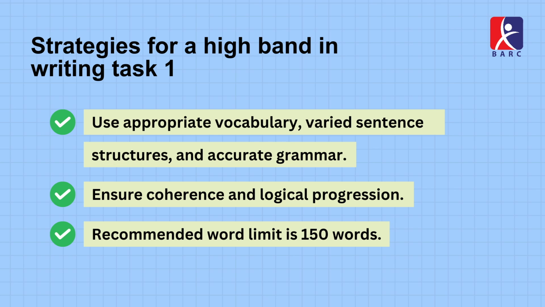Aim to meet the recommended word limit of 150 words and ensure coherence and cohesion, or the logical progression throughout your response. By understanding and adhering to the format, you can confidently tackle IELTS Writing Task 1 and achieve a higher band score.